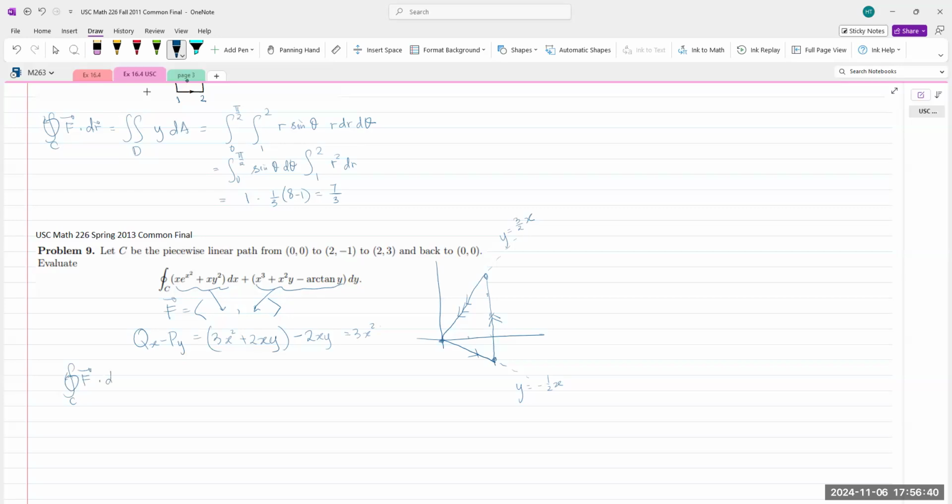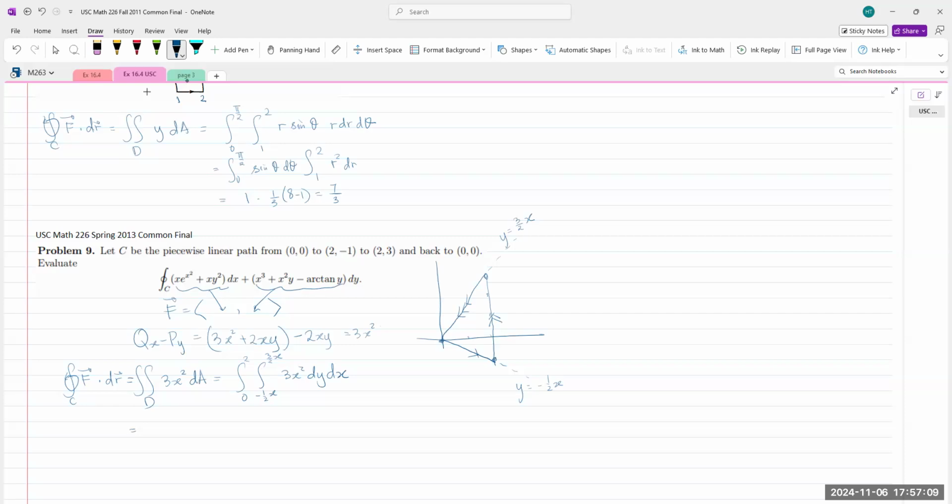Okay, so according to Green's theorem, this integral over closed curve C of F dot dr will become double integral over region D of 3x squared dA, which is integral from 0 to 2, integral from -1/2 x to 3/2 x of 3x squared dy dx. Oh, the integrand is independent of y, so I can just do the length.